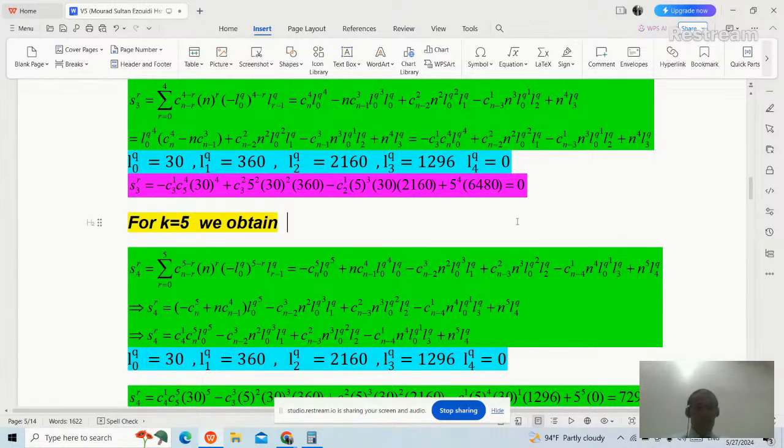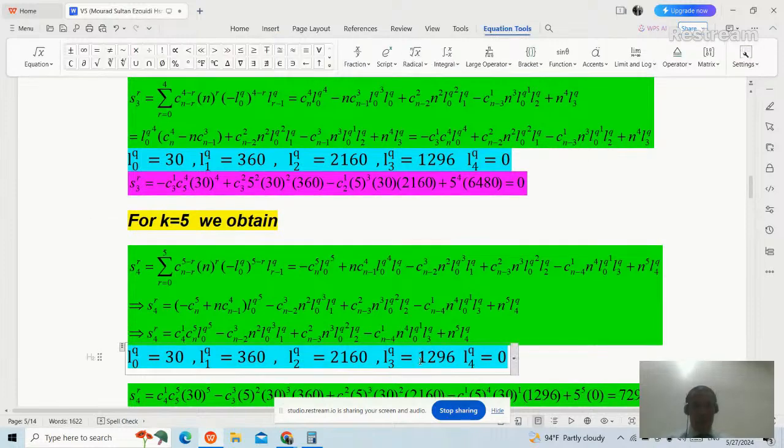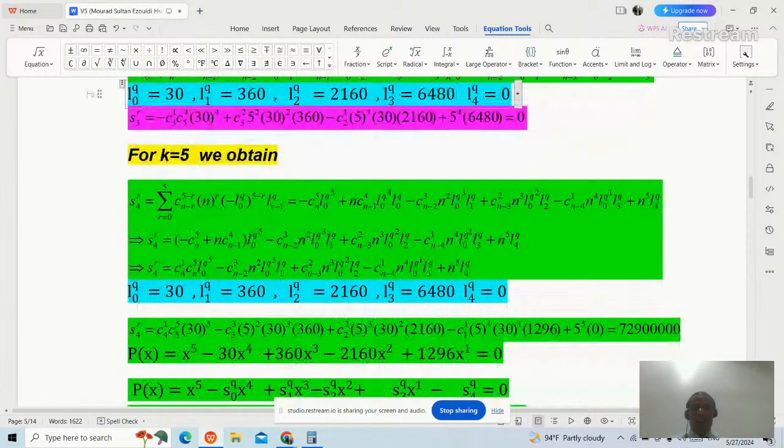So therefore, this one will be equal to 6,480. Now we continue, learners. We found here S1, S2, S3, all of them equal to 0.